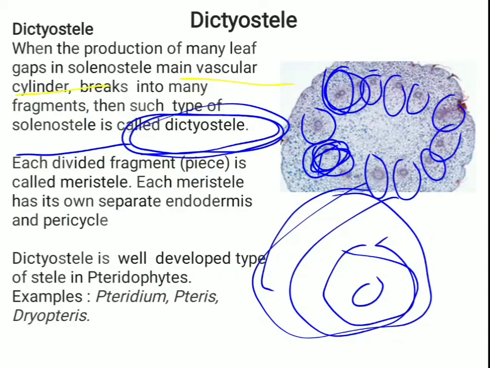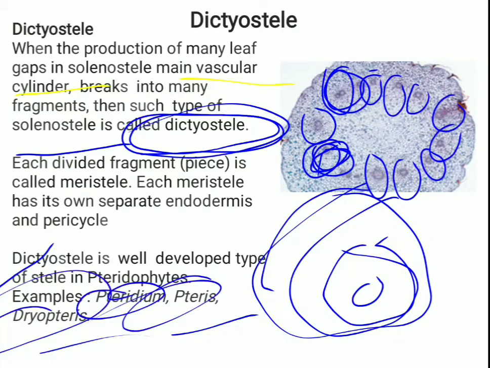Okay, and dictyostele is a well developed type of stele in pteridophyte. Dictyostele is present in pteridophytes, for example Pteridium, Pteris and Dryopteris. Okay, this is the example of plants.